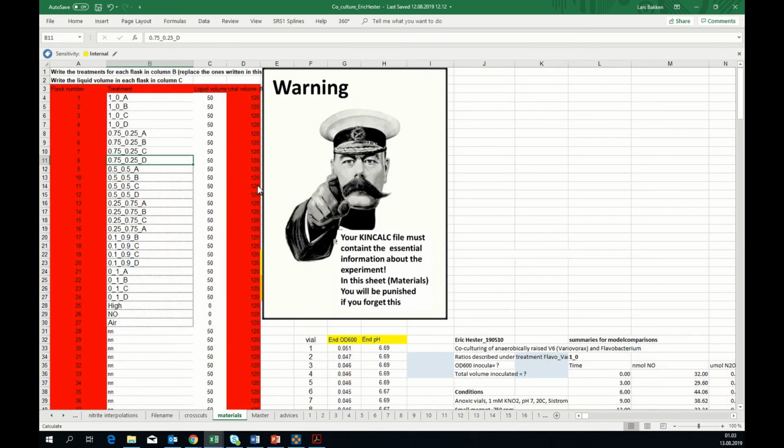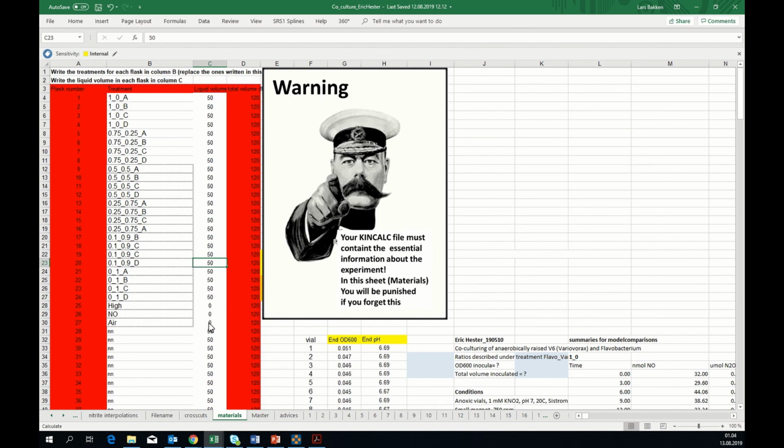And the next thing that is extremely important is to write the correct amount of liquid in your vial. In column C, you must, for the standard vials, remember to write 0. If you fail to fill in this, it will all go wrong. These numbers here are also picked up by the individual vial sheets.